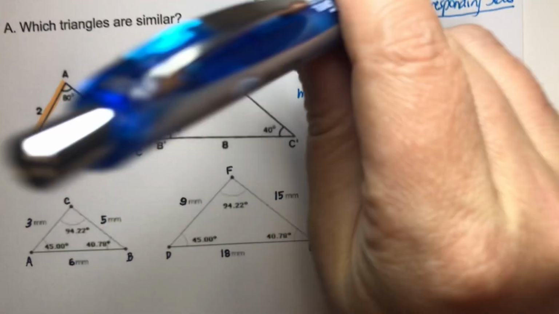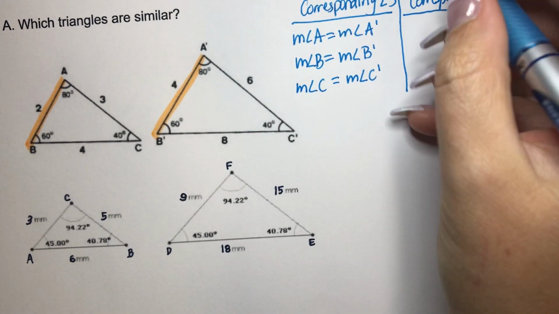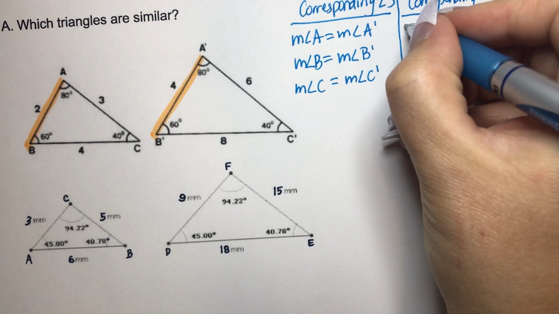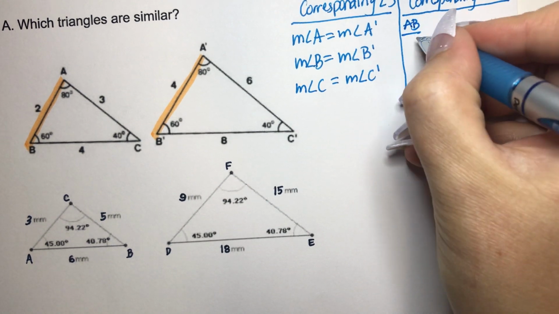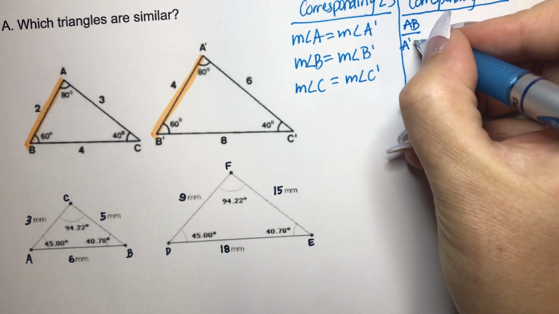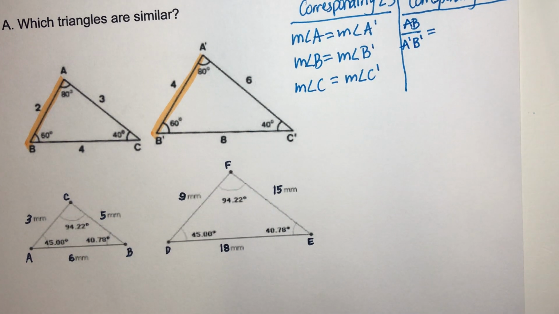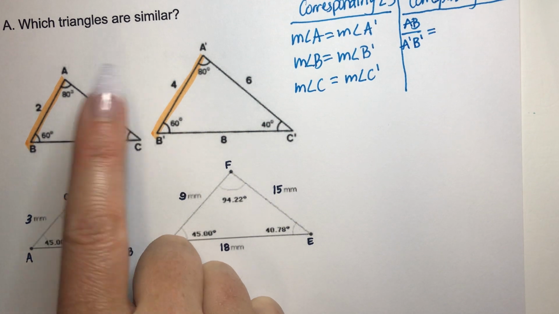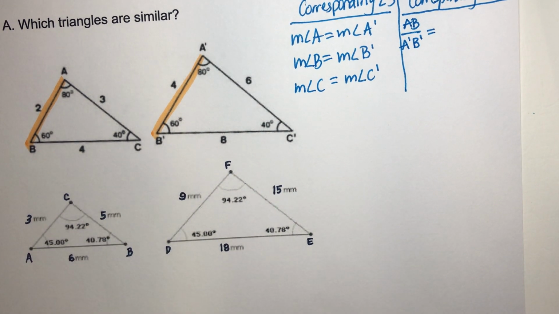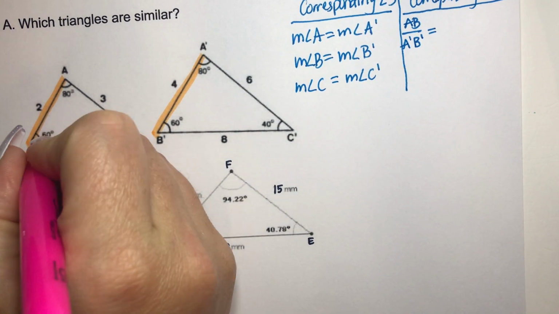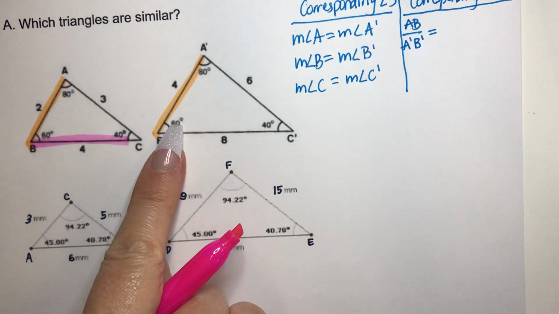So I'm going to say, let's go AB over A prime B prime should equal, let's do the next one, which is between 60 and 40, BC. This side, which is also between 60 and 40.